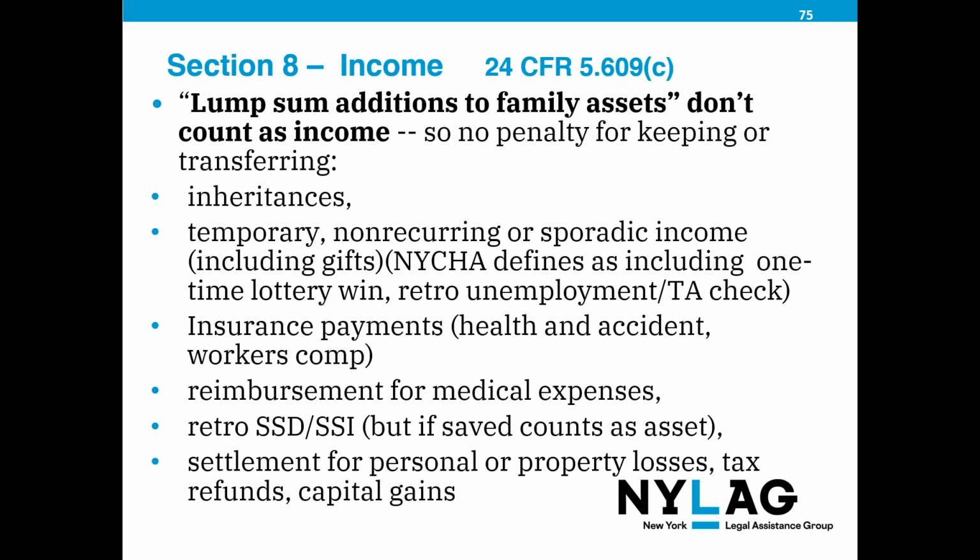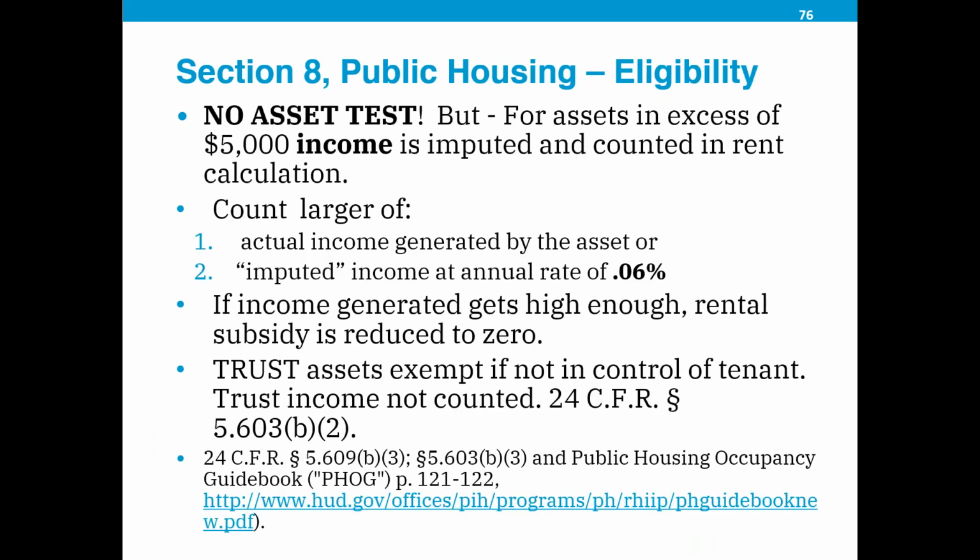But if something is countable, what happens? They will impute income of the larger of the actual income generated by the asset or 0.06% of the amount exceeding 5,000. Now that's a very small amount, and that was changed a few years ago.